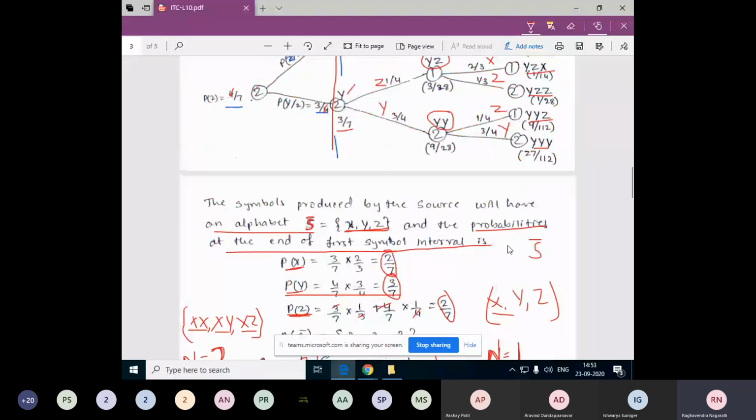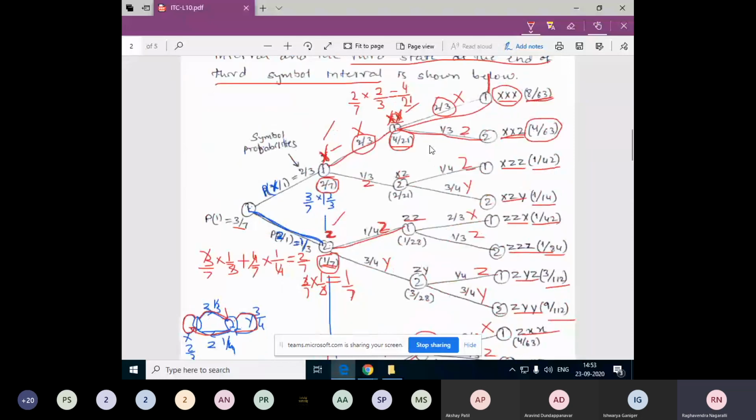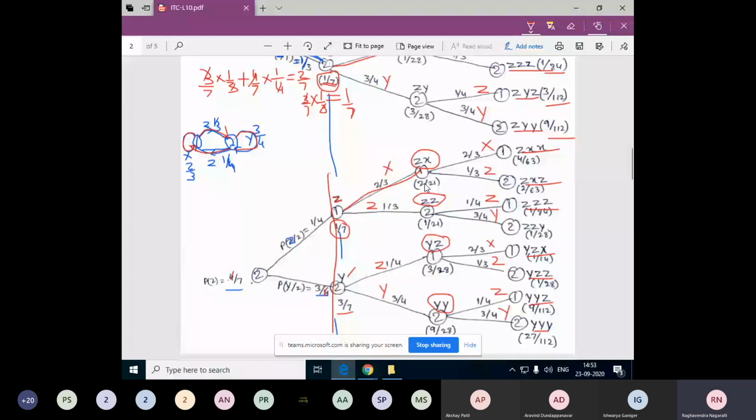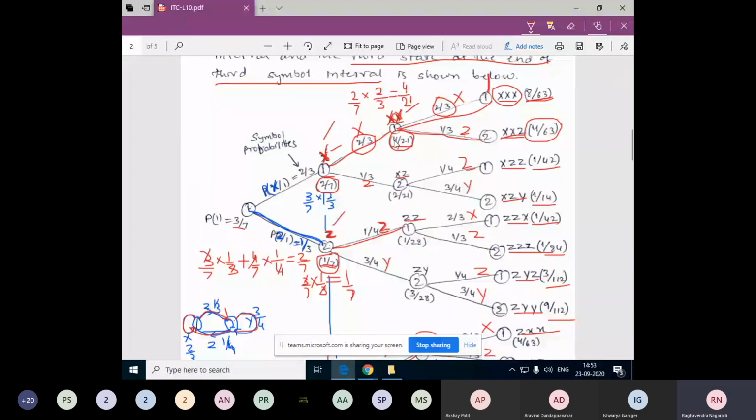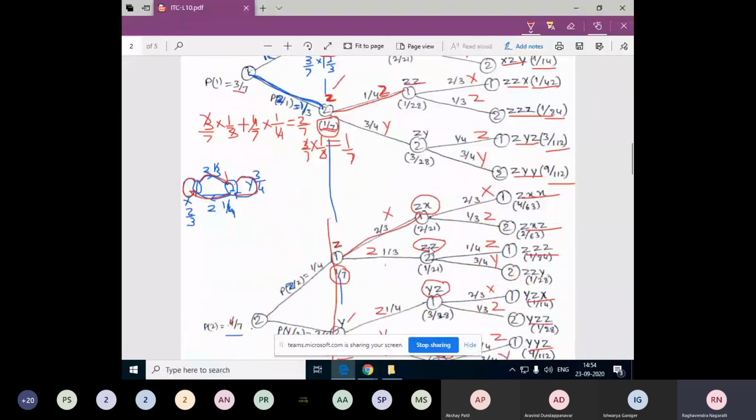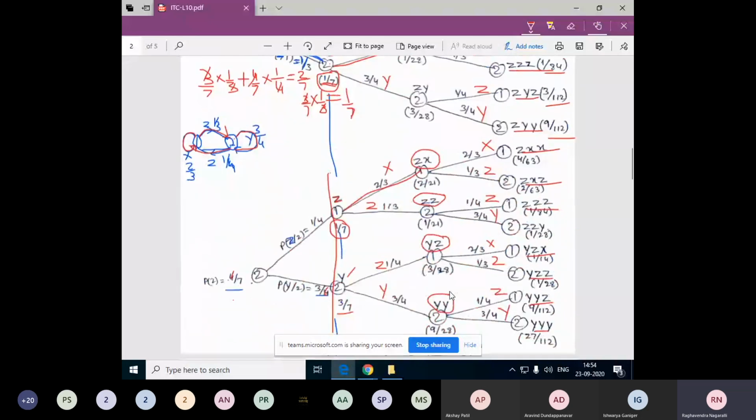Just look at these symbols and tell me if there is any repetition of the emitted symbols here at the end of this second state. XX, XZ, ZZ, ZY, ZX, ZZ, YZ, YY. Is there any repetition?